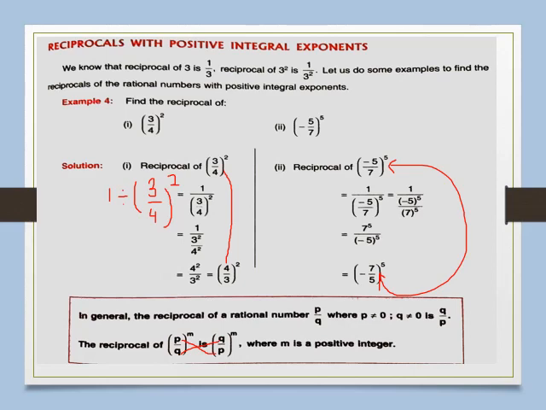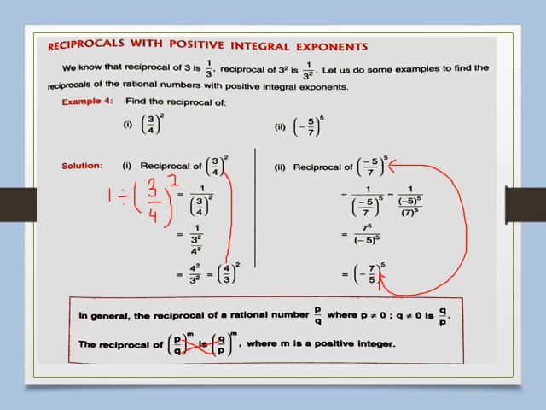That is, 4 square is in the numerator and 3 square is in the denominator. So the reciprocal of 3 upon 4 whole square is nothing but 4 upon 3 whole square.